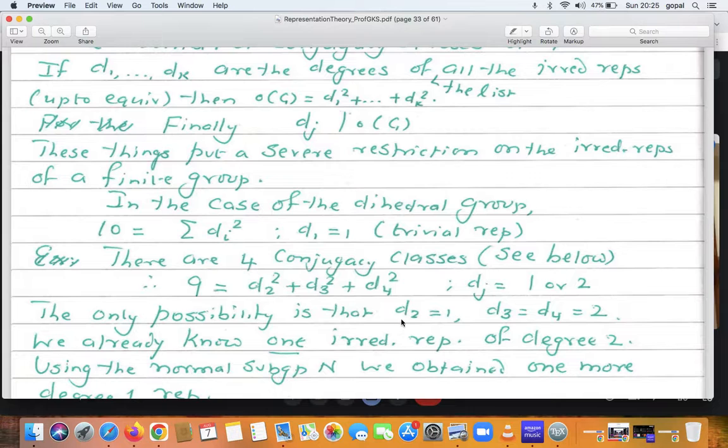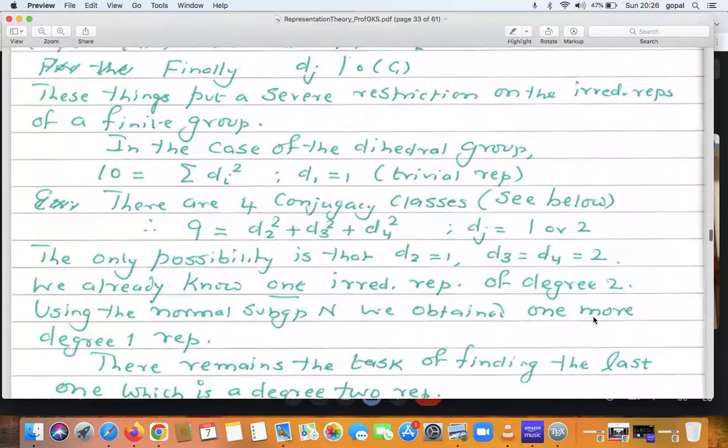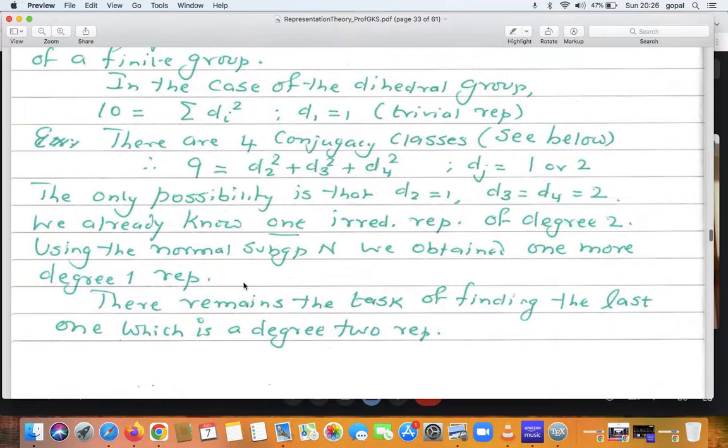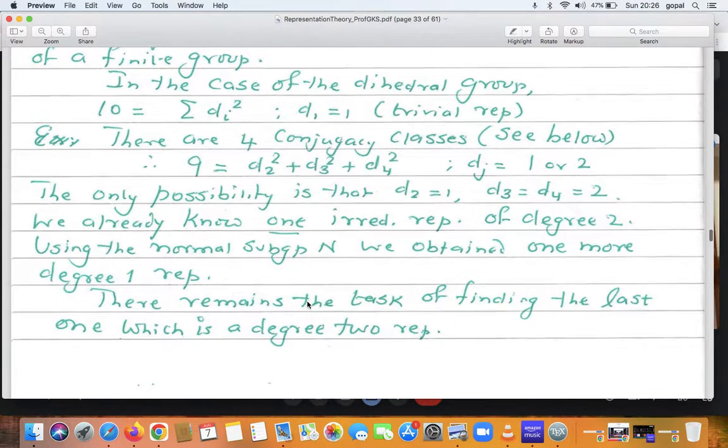The only possibility is that d2 is 1, because we remember we have one more degree 1 representation, and d3 and d4 are 2. So using the normal subgroup, we got one more degree 1 representation, so d2 is 1. We also have a degree 2 representation, the geometrical one. There remains the task of finding the last one, which is a degree 2 representation.